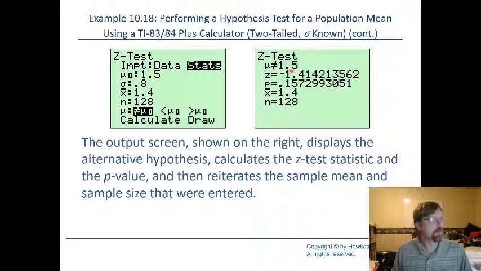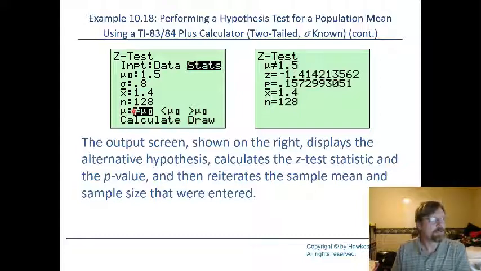As so, input the null mean there, mu sub 0. Input the population standard deviation, the sample mean, sample size, and looks like you've got the option of telling it which type of test you're after, left, right, or not equal, two-tailed.